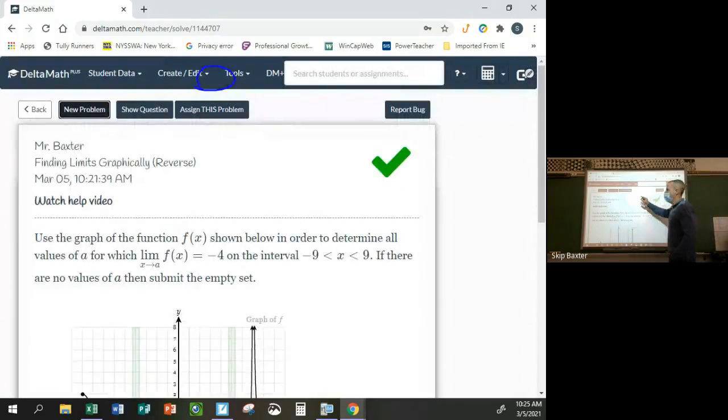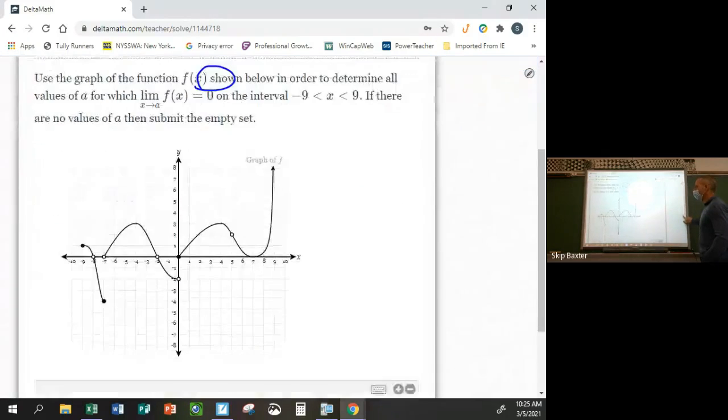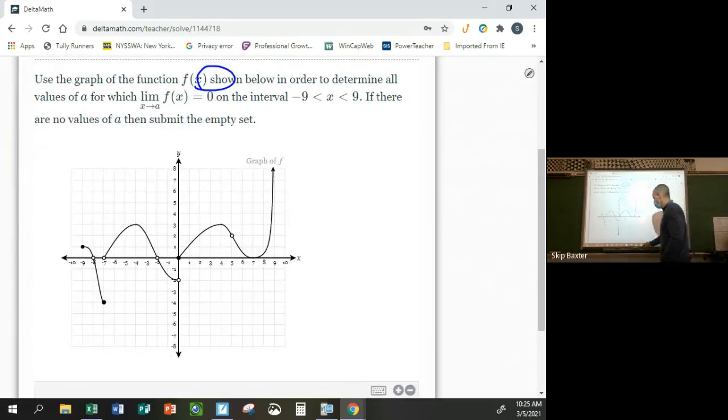Let's do one more example. So this time they're asking you to find where the limit is 0. Okay, so if this is 0, I can see that the graph comes into contact in some way with this squiggly line at 1, 2, 3, 4, 5 different points, right?